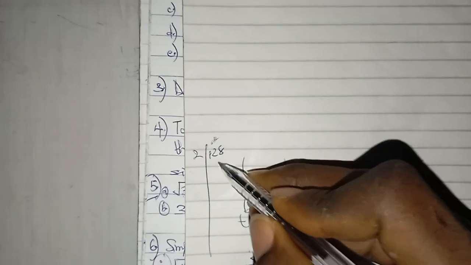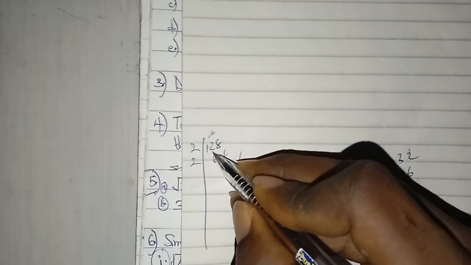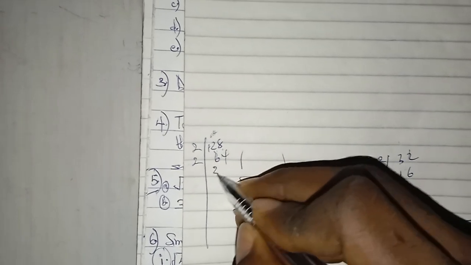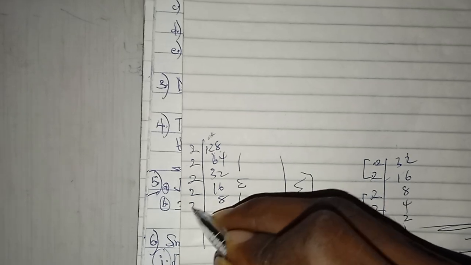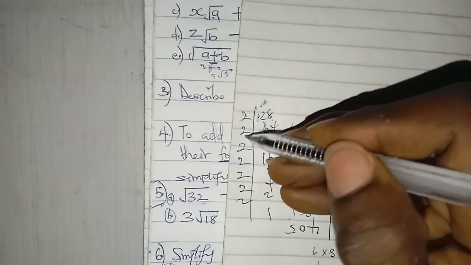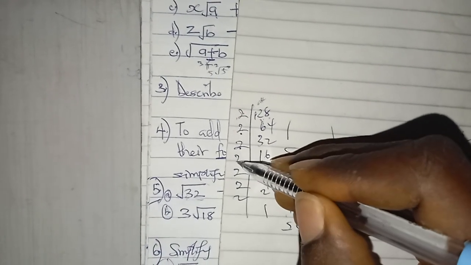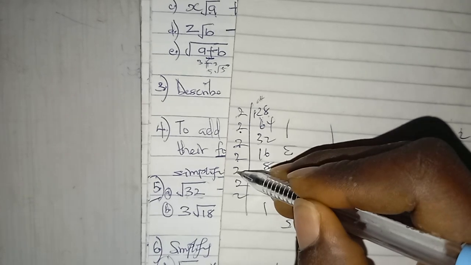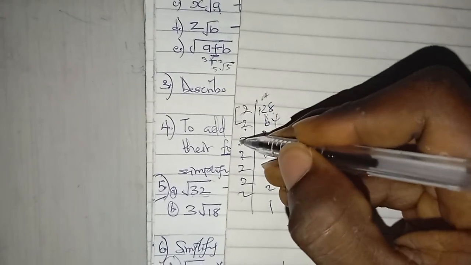Okay, 2 here, 64. 2 here, 32. 2 here, 16. 2 here, 8. 2 here, 4. 2 here, 2. 2 here, 1. Alright, so you see I have 2 times 2 is 4, 4 times 2 is 8, 8 times 2 is 16, 32, 64, 128. So let's group. Let's see what we have.